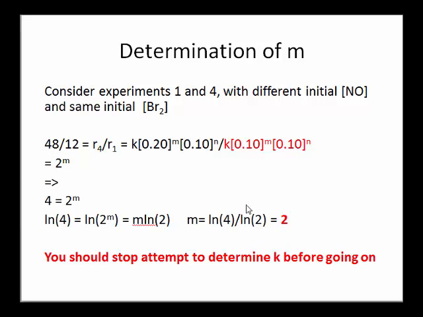If you evaluate that, you get 2. Alright. Keeping in mind that the 48 and the 12 are not actually rates, but are proportional to rates. They are the change in the concentration of NOBr with respect to time. You should stop and attempt to determine k before going on.